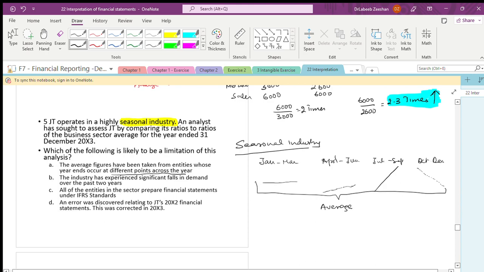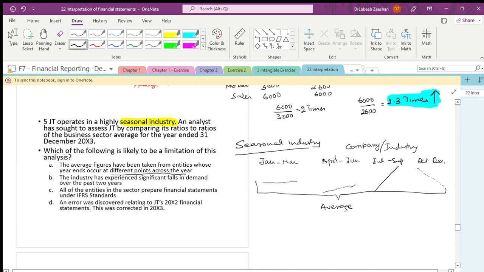The industry has experienced significant falls in demand over the past 2 years. See, they are saying that analysts sought to assess by comparing its ratio to ratios of the businesses. No, we are not talking about the past 2 years. We are comparing with the company and we are comparing with the industry.